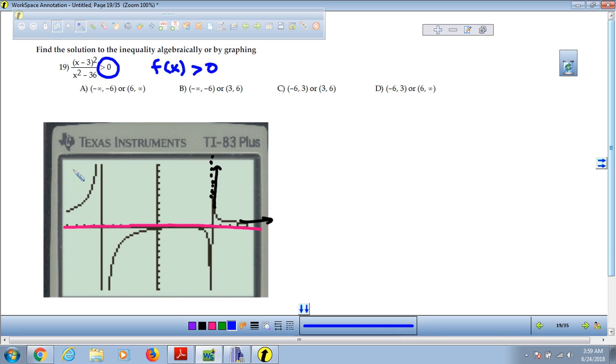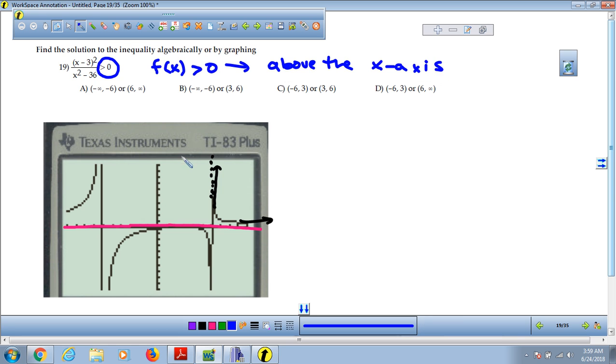So this is section 3.6, right? Very last one. So then, what part of the graph is greater than 0? This means above the x-axis. And so above the x-axis is this piece of graph and also this piece of graph. And that's it. Everything else is below the x-axis.